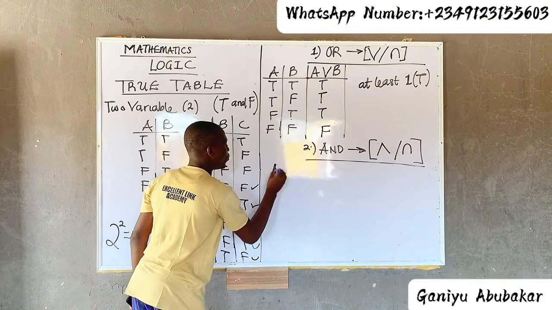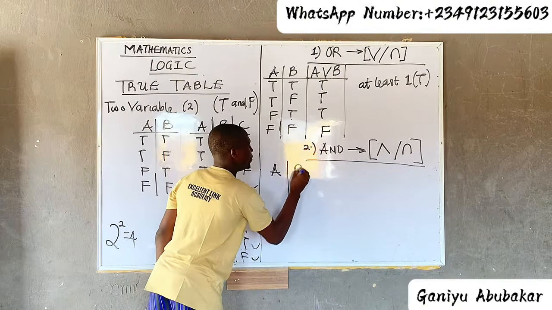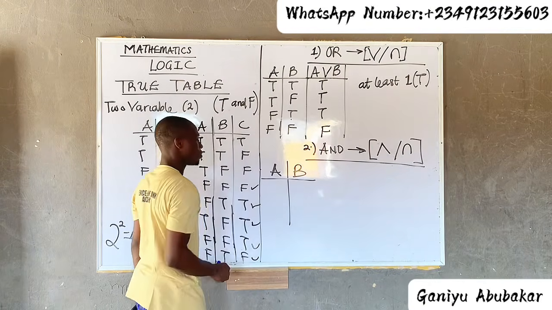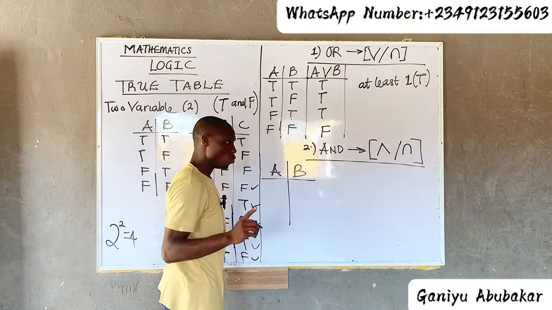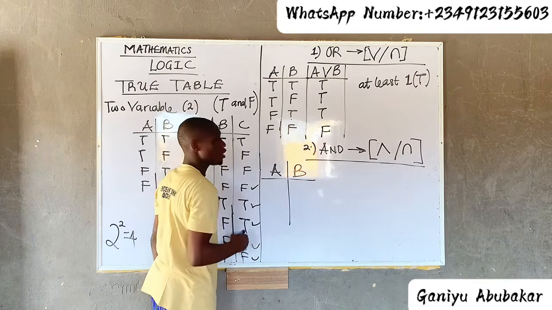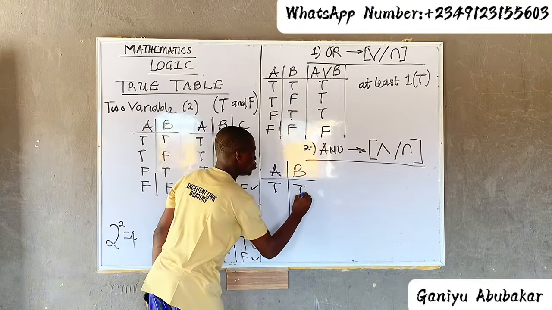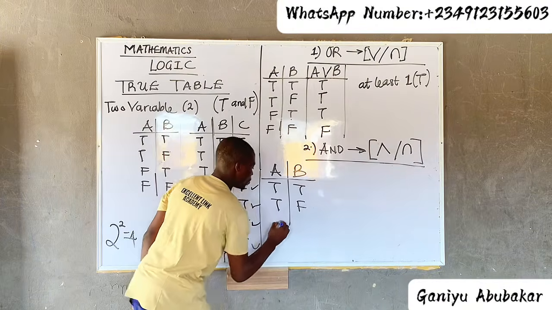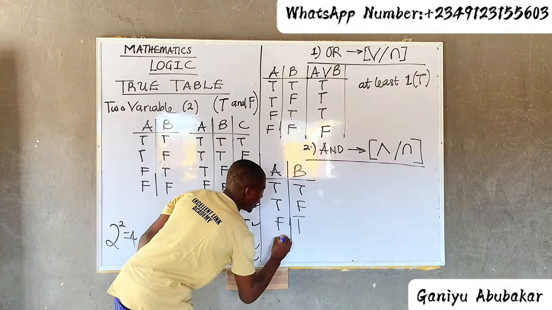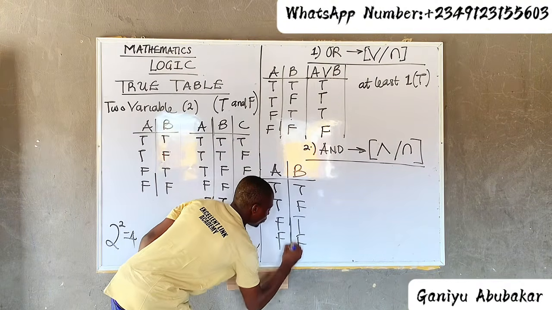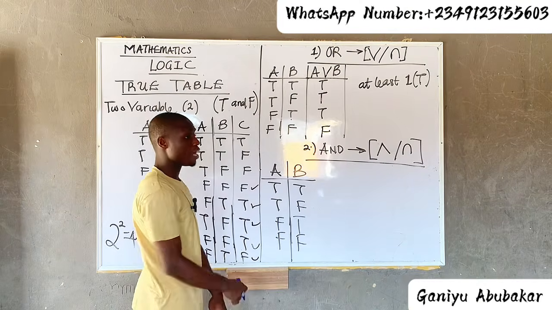Let's say I have variable A and variable B again this way. Now for variable A, listen. Arrange your normal true and false. So start with true, true, true, false, false, true, and false, false. This is for two variables arrangement.